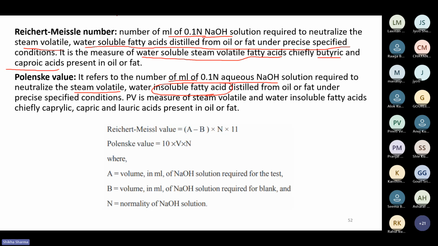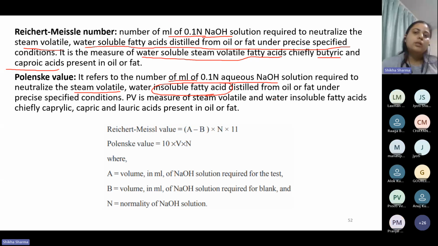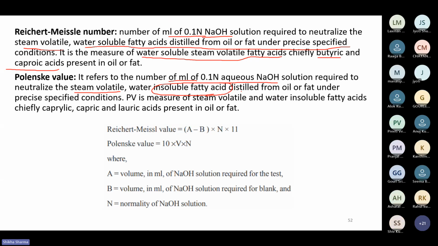So this is the difference. These two values are calculated in the same way, but one is calculating the water soluble fraction, and the other is calculating the water insoluble fraction, the insoluble fatty acids distilled from oil or fat under precise specific conditions.